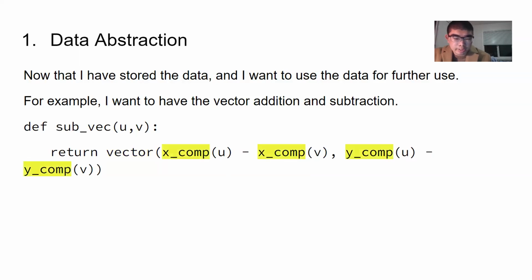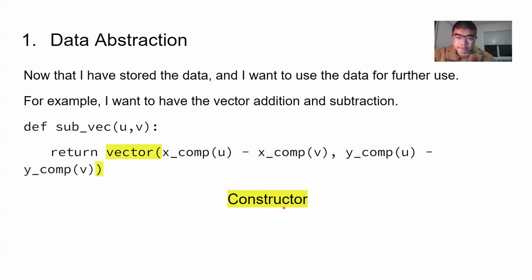Subtraction is the same: you use the selector to select the components, put them in the corresponding place, and then use the vector constructor to make it a vector. So that you have the add and subtraction algorithms, and you can use them directly to do algorithms between two vectors.